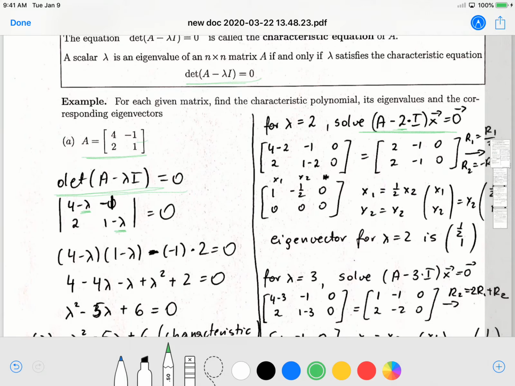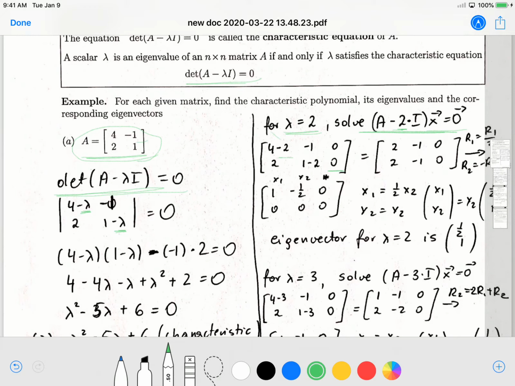eigenvalue. So for lambda equal to 2, we will solve A minus 2 I times x equal to 0 for a non-zero vector. So we subtract 2 from the main diagonal of the given matrix. So 4 minus 2, minus 1, 2, 1 minus 2, and the last column is the column of 0 vector, right?